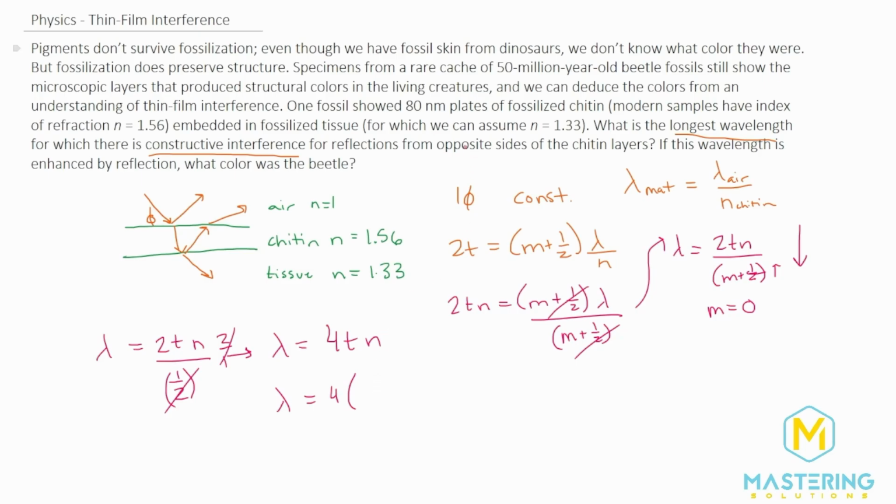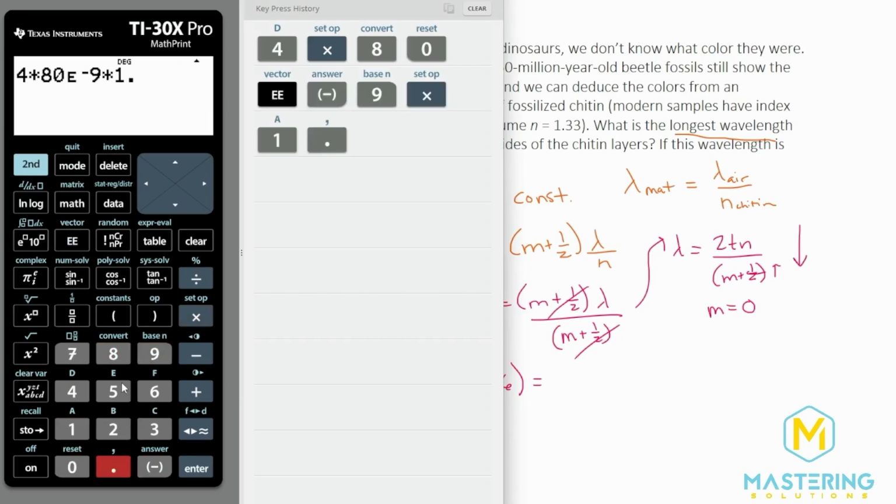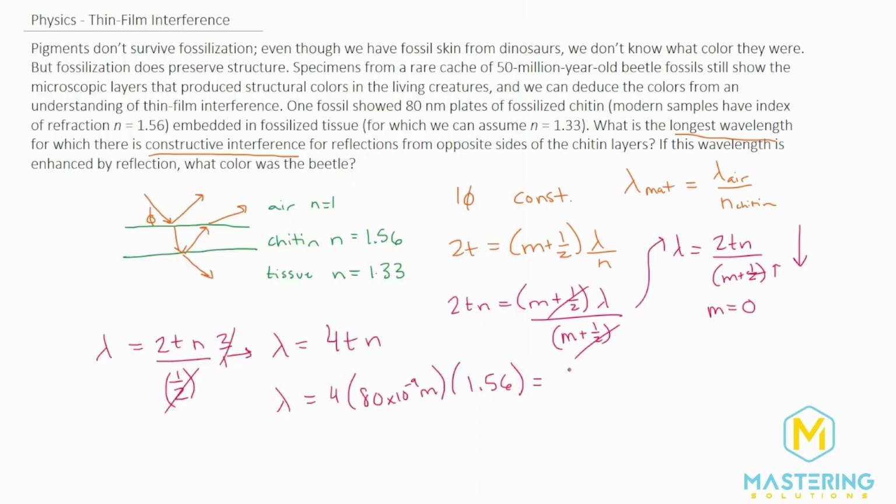And the thickness, they said, is 80 nanometers for the thickness of the chitin. So 80 times 10 to the negative 9 meters. And multiplying by the n, and we want the n of the chitin, which they said is 1.56. So 4 times 80 nanometers times 1.56 gives us 499 nanometers, and we could round that to basically 500 nanometers.